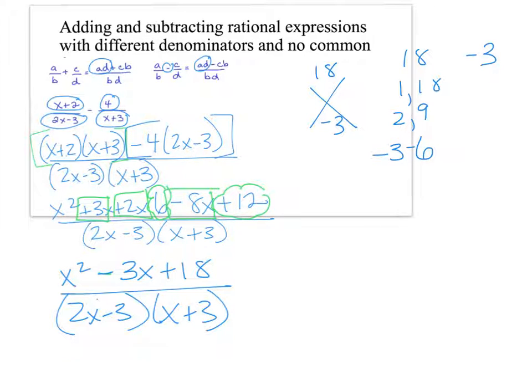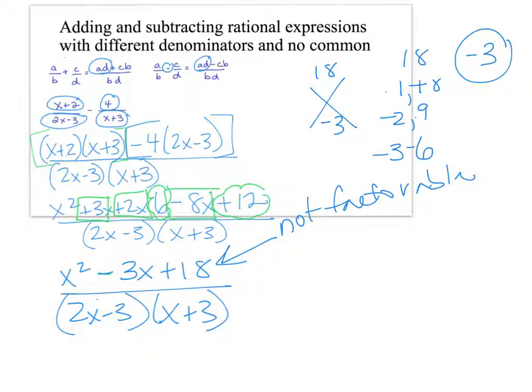And no matter what I do with my negatives, none of these factors are going to give me a sum of negative 3, which means that this is not factorable. And because it's not factorable, you just leave it as the answer. So this is the simplified answer of this subtraction of the two expressions.